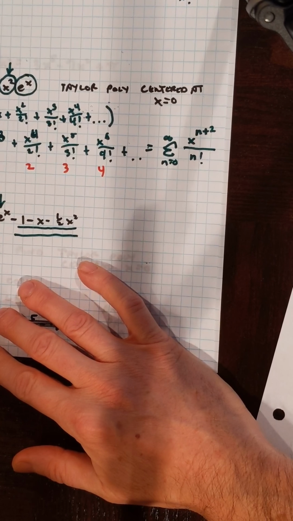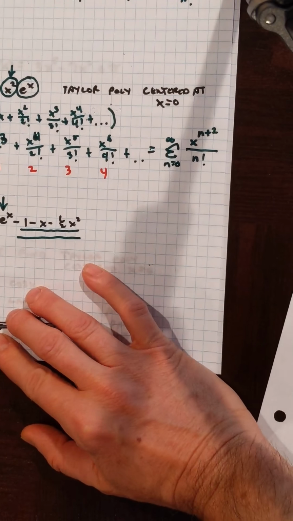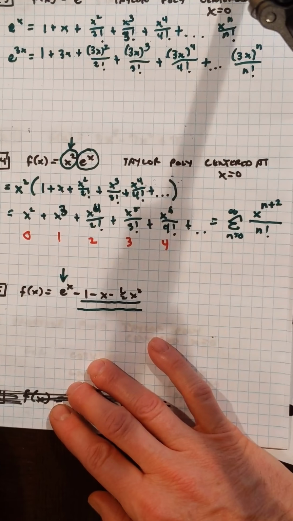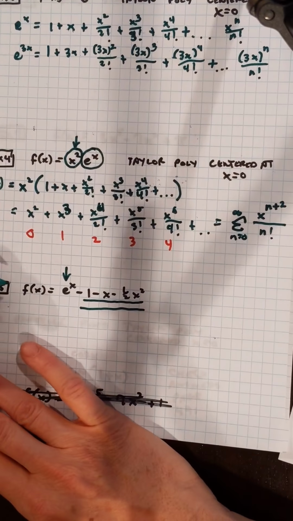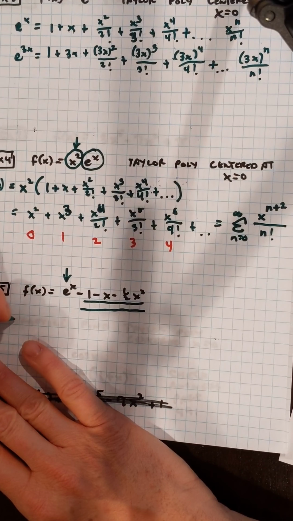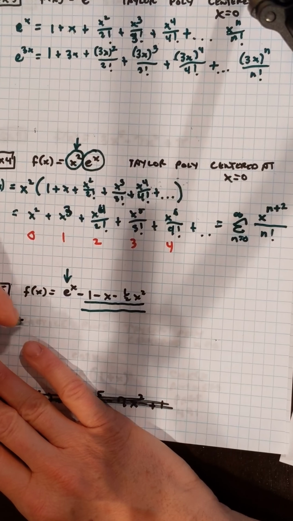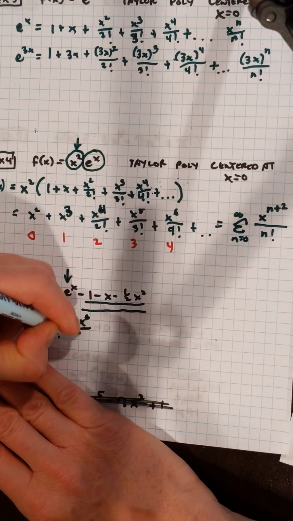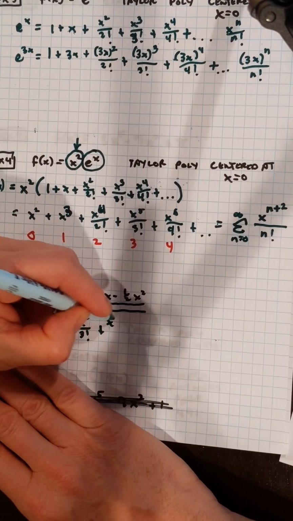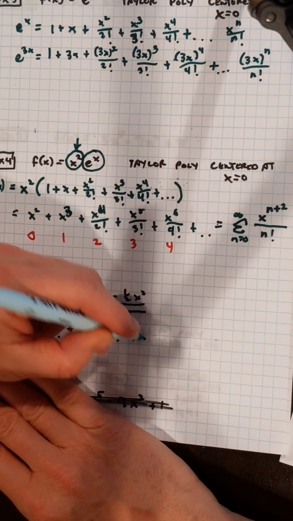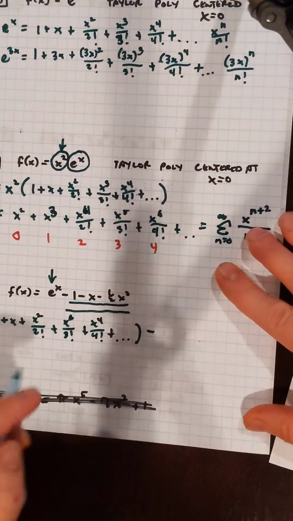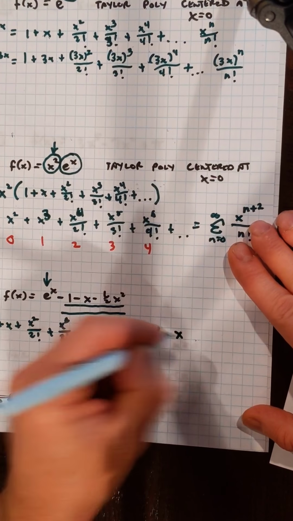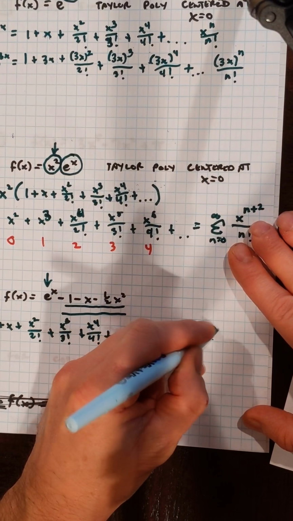So my function equals, hopefully you can see that, e to the x, which was 1 plus x plus x squared over 2 factorial plus x to the 3 over 3 factorial plus x to the 4 over 4 factorial plus ... minus 1 minus x minus 1/2 x squared.